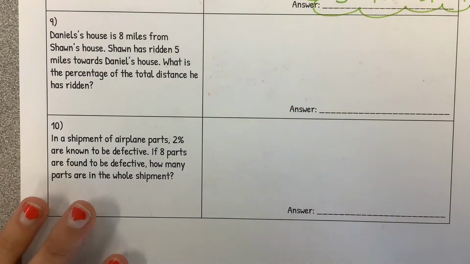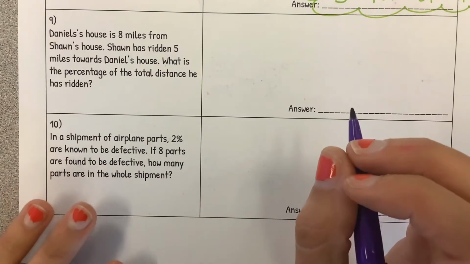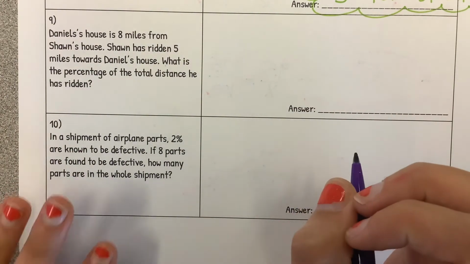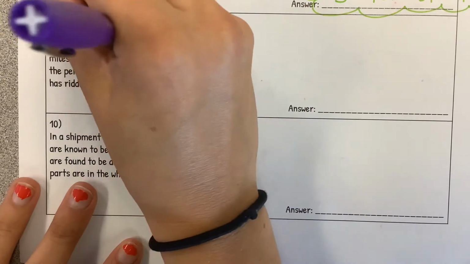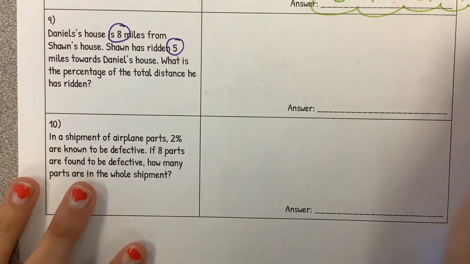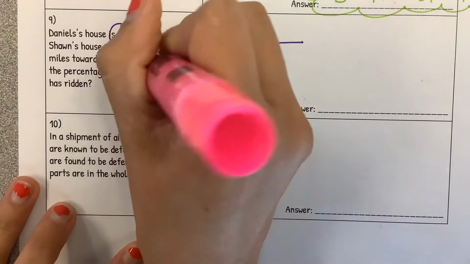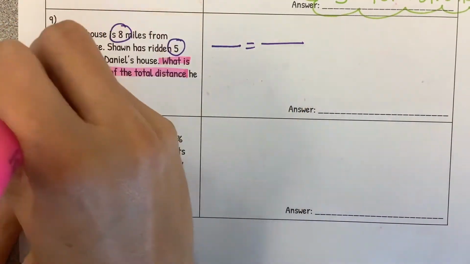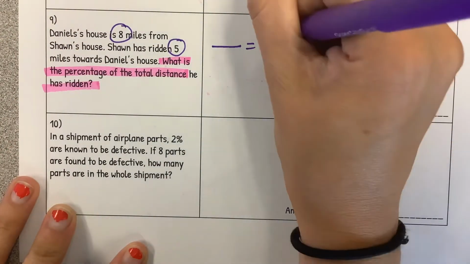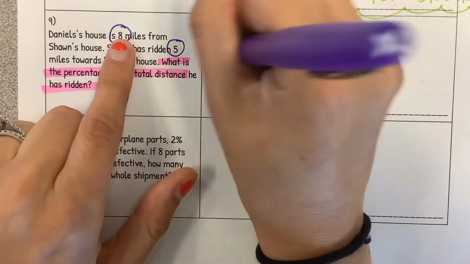Number 9, Daniel's house is 8 miles from Sean's house. Sean has ridden 5 miles towards Daniel's house. What is the percentage of the total distance he has ridden? So the total distance is 8. What he's ridden so far is 5. And the question is asking, what is the percent? So we are solving for the percent. The total distance is 8.